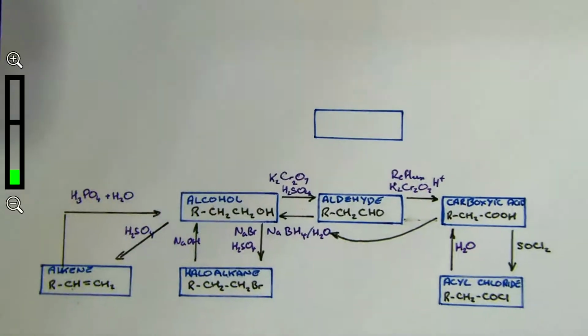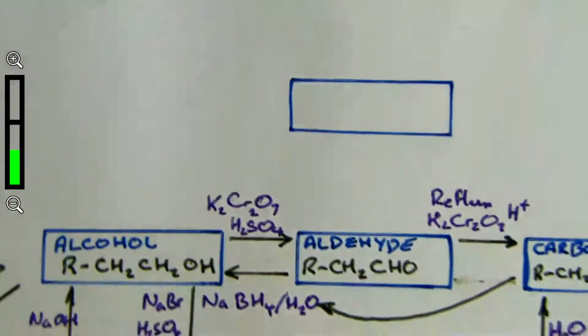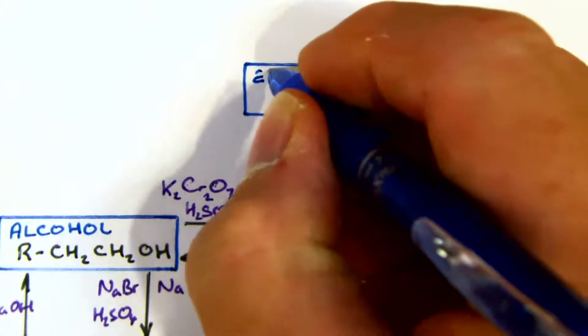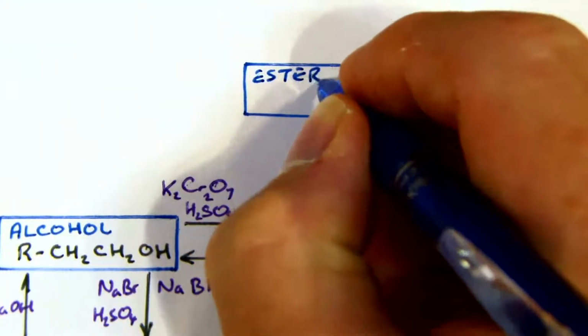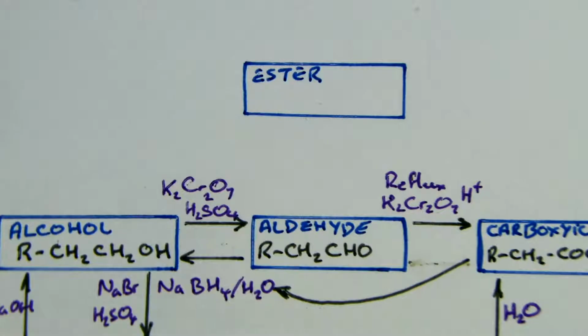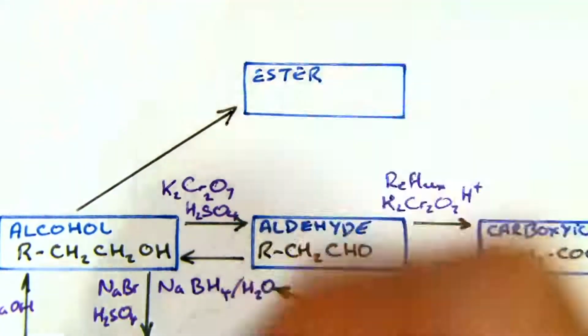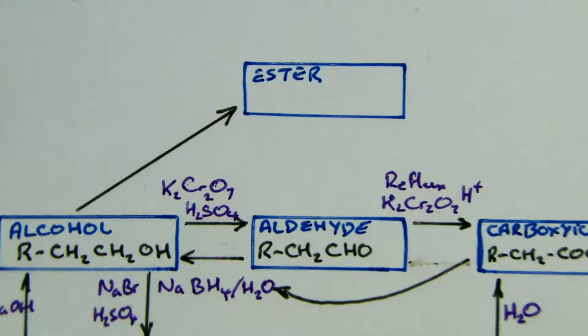So let's have a look at this process. My alcohol, to make an ester, is simply going to be a carboxylic acid plus H2SO4.